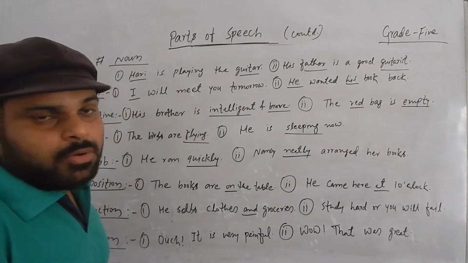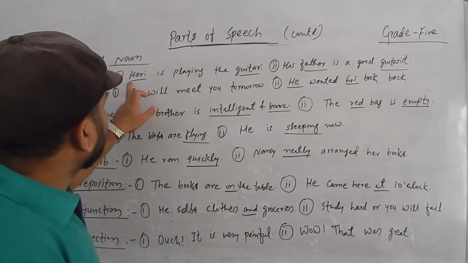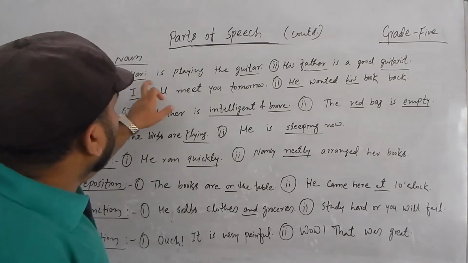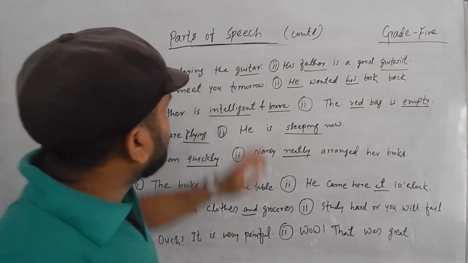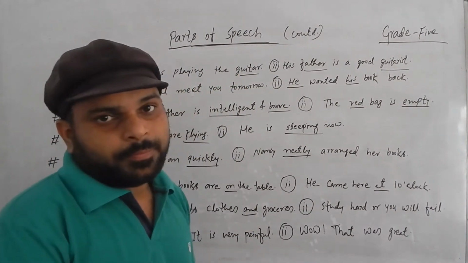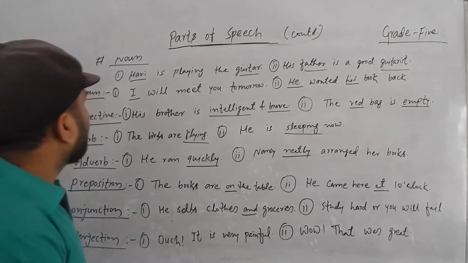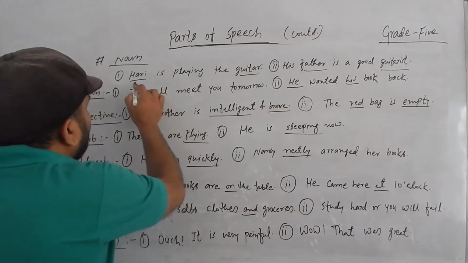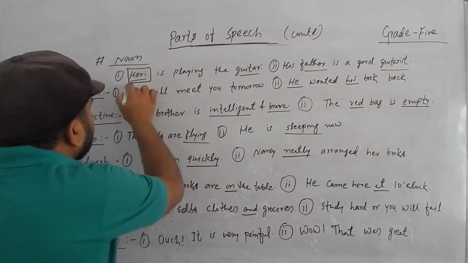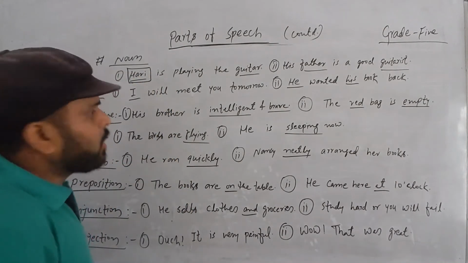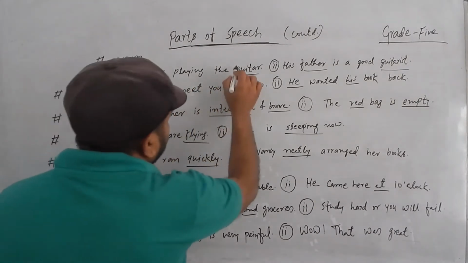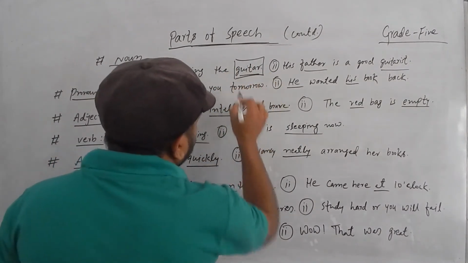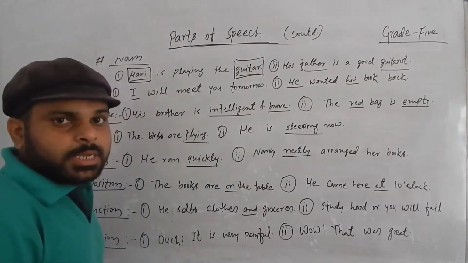Now, let's talk about noun first. Here is a sentence: Hari is playing the guitar. According to the definition, the word Hari is a noun here. The second noun is guitar.